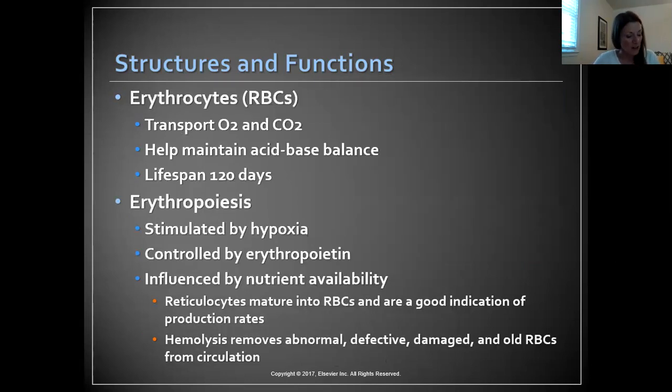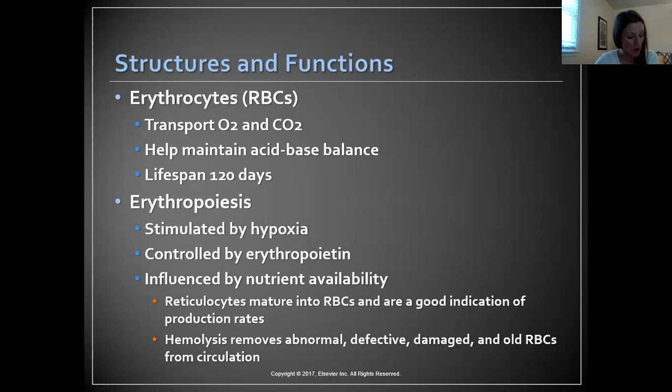Erythrocytes, or red blood cells, are flexible cells with thin membranes which enable them to pass through tiny passages such as capillaries and to facilitate the diffusion of gas. Their main job is to transport oxygen and carbon dioxide, as well as to maintain acid-base balance. They have an average lifespan of about 120 days.